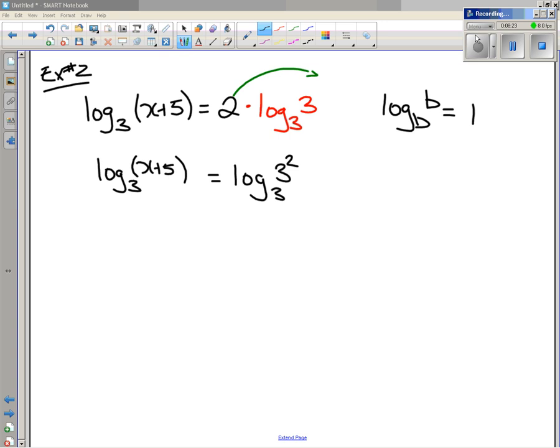So using that similar argument that we used on our example number 1, we have two things that are equal to each other that are log base 3. So we can say that whatever's inside on our left side, x plus 5, that's going to equal 3 squared.